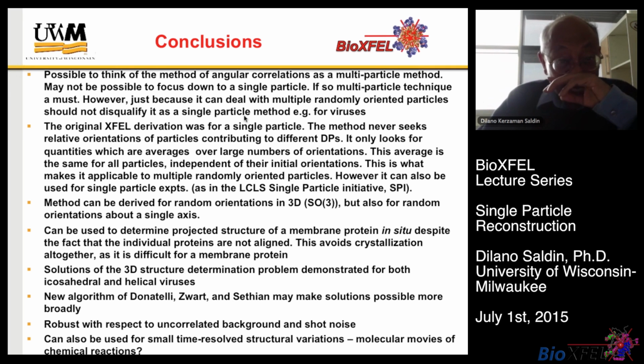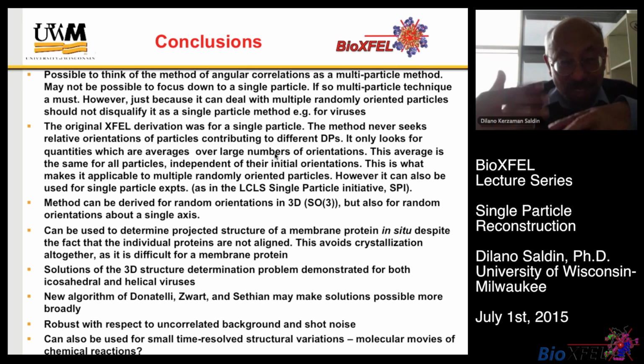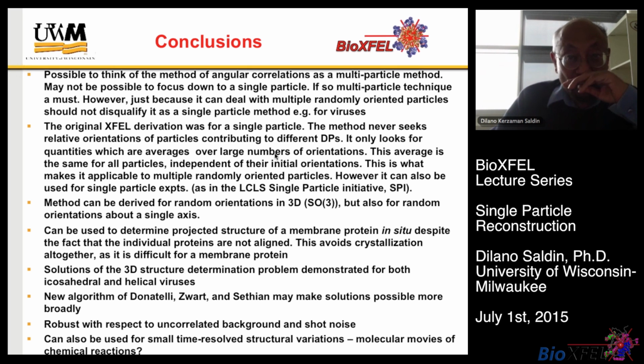And because it finds an average correlation, it can be used also for multiple particles, because the average or the total correlations from all particles is the same regardless of how many particles there are.